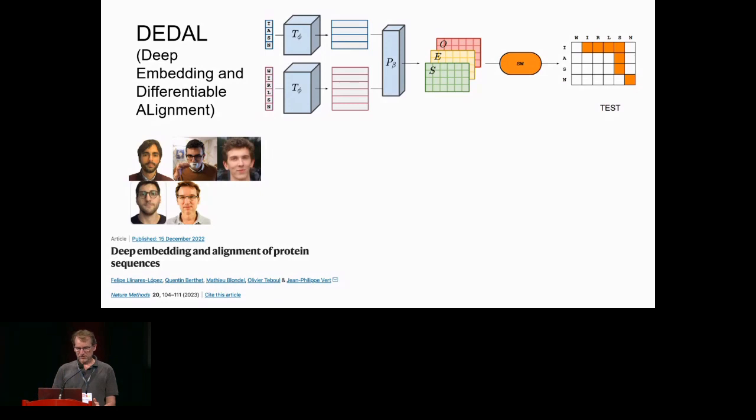The first step on the left is going from sequences to some continuous representation. This is what I said language models are doing. They start from a text and they represent it as vectors. With a sequence of amino acids, this thing is called a transformer, the good old transformer in deep learning.